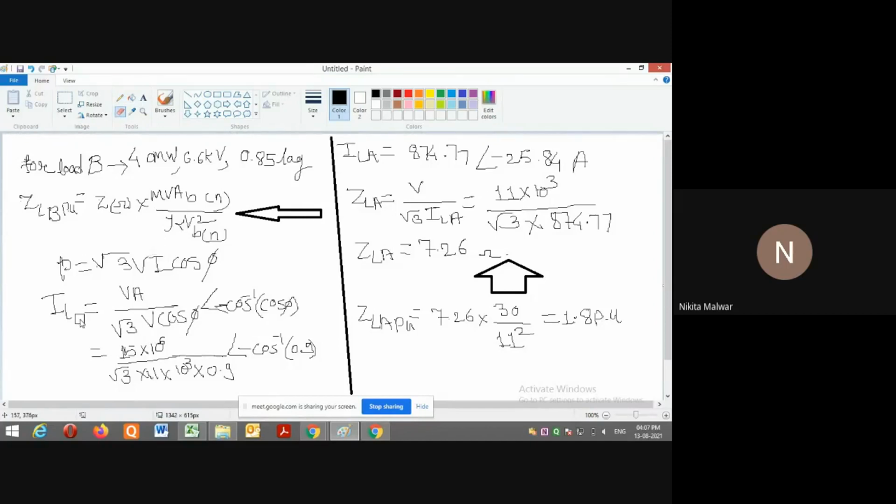Instead of ILA, we will take ILB. The values will change over here. Also, we will erase it.